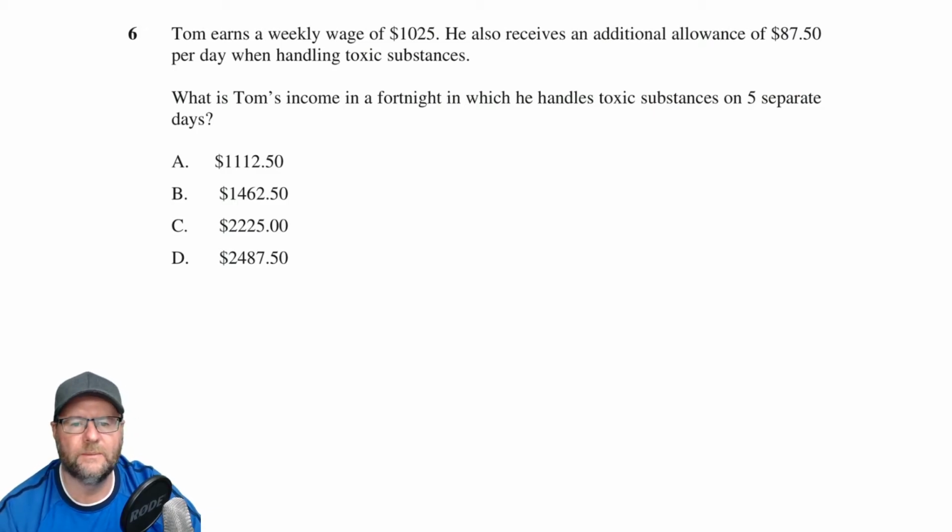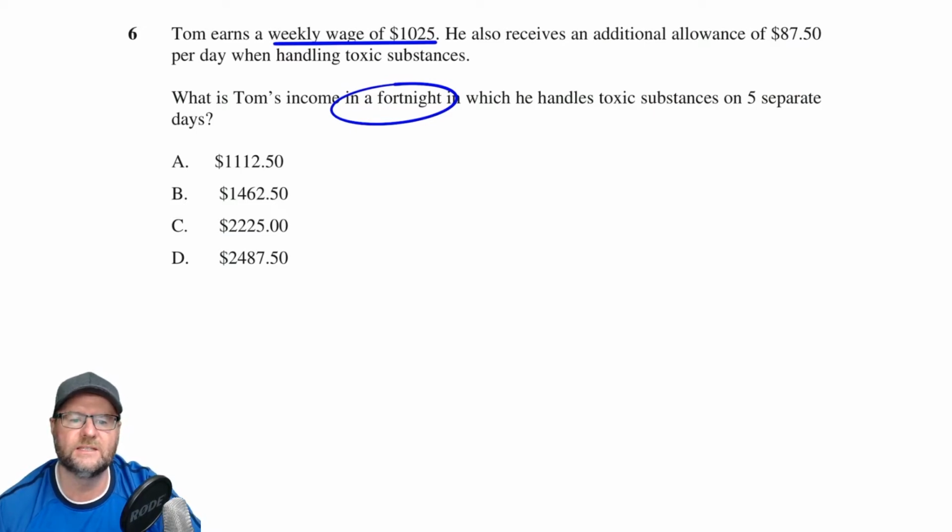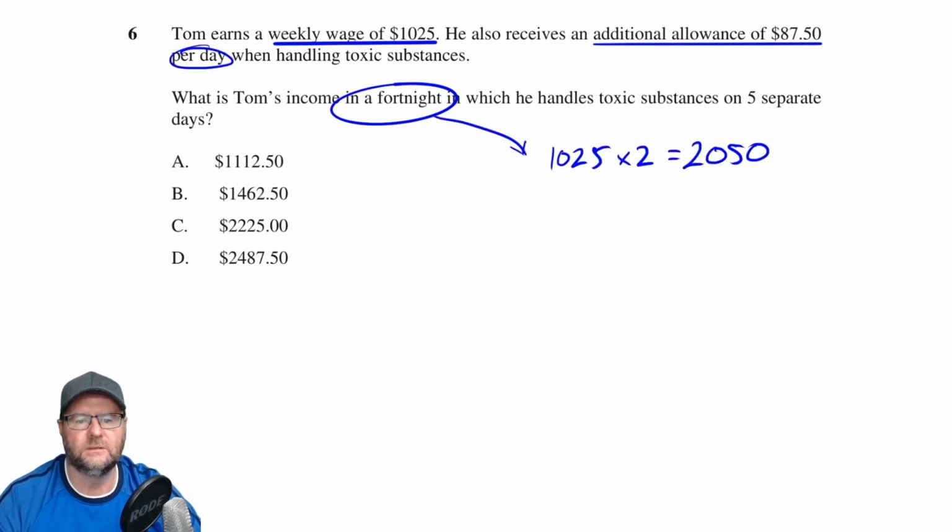Now, it's really important to read the question, because we're given his weekly wage, but the question asks what his fortnightly income is. So it's really important that you stop and read the question, because we have to double this weekly wage to turn it into a fortnightly wage of $2,050. Plus we have to add the allowances.